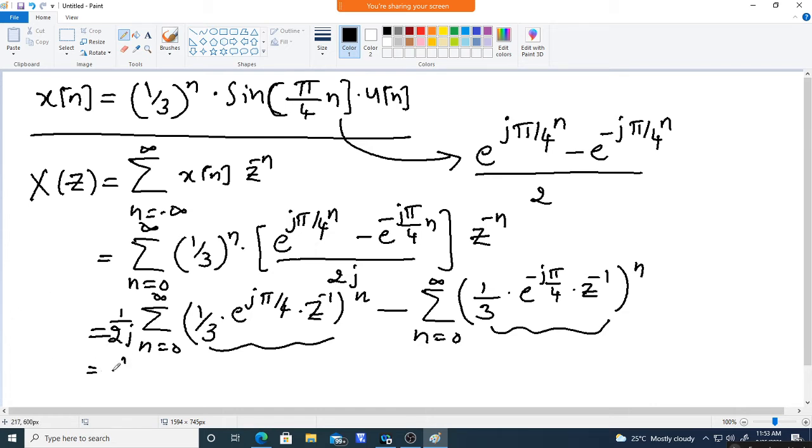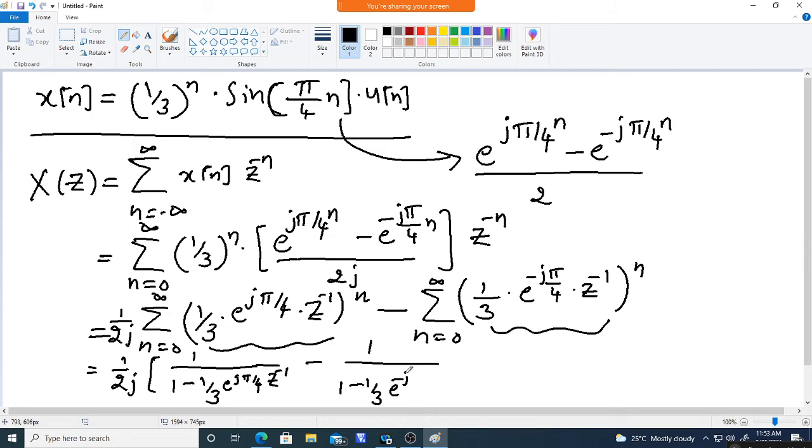So I will get 1 by 2j into 1 over 1 minus 1 by 3 into e power j pi by 4 into z inverse. This is the first term, and the second term is 1 over 1 minus 1 by 3 e power minus j pi by 4 into z inverse. So this is your z transform.